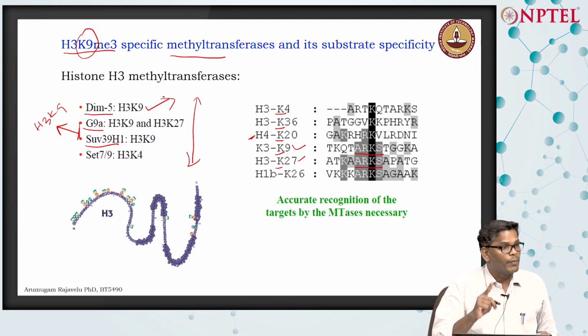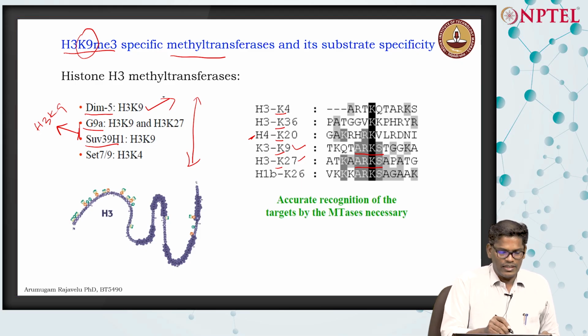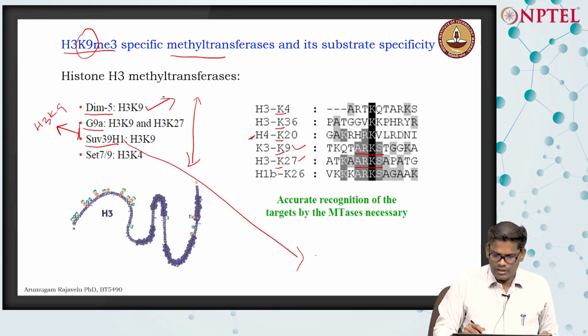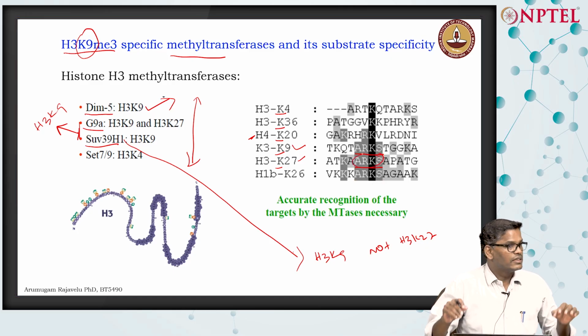Okay, although it is a similar motif, the enzymes are different. SUV39H1 methylates only K9, not H3K27, although you have the same target substrate, the same histone tail, but they're different.